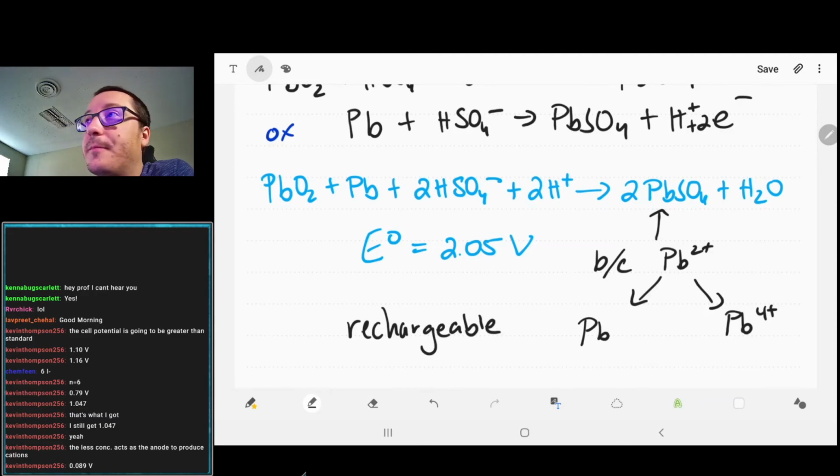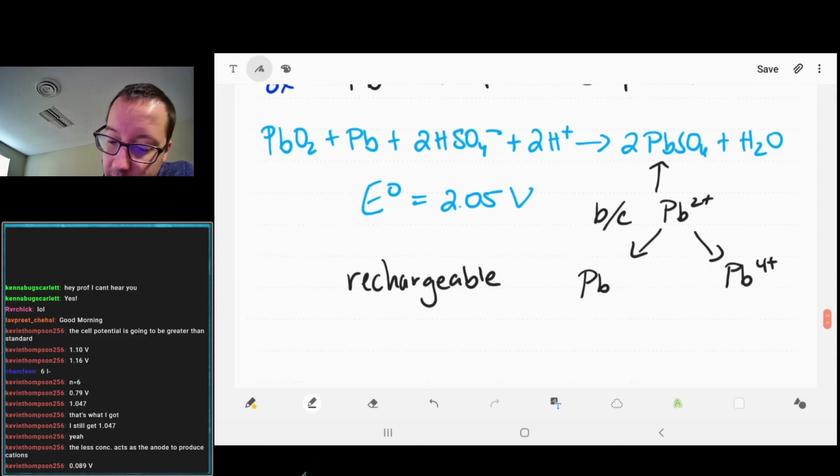The electrons from the lead 2 can go to one lead, and then the other lead will be left with 4 plus, and so you can regenerate your stuff as you go through. So very nice. All right.